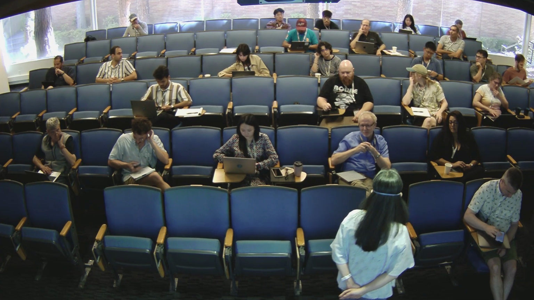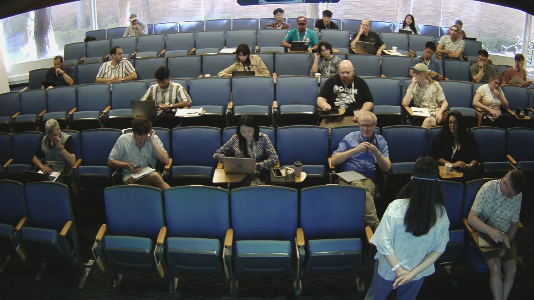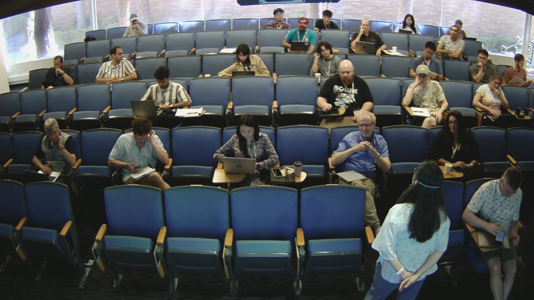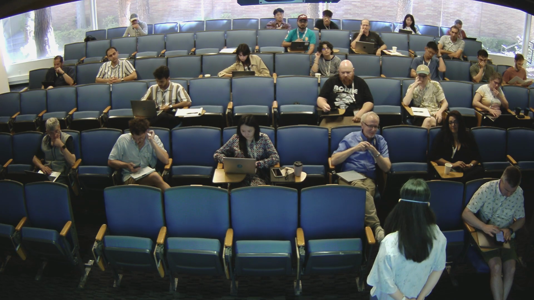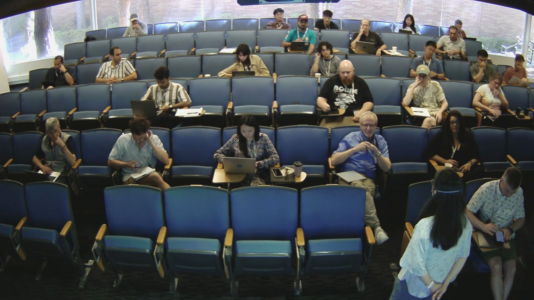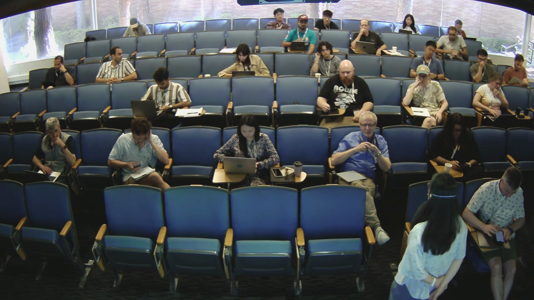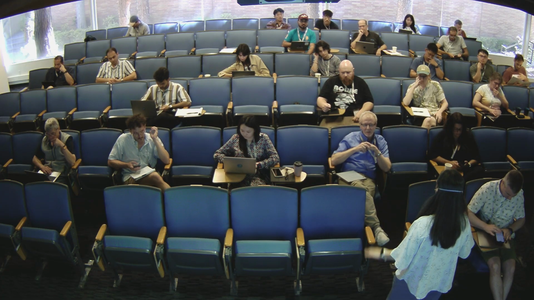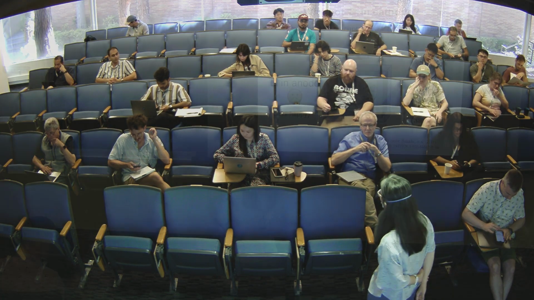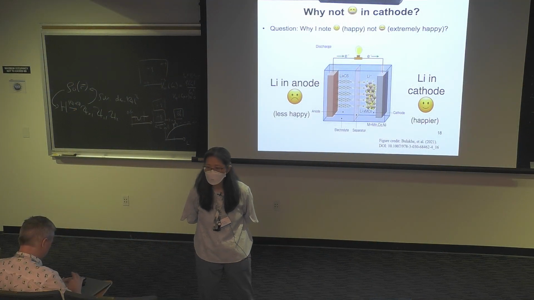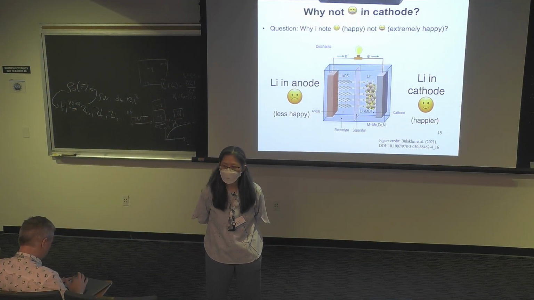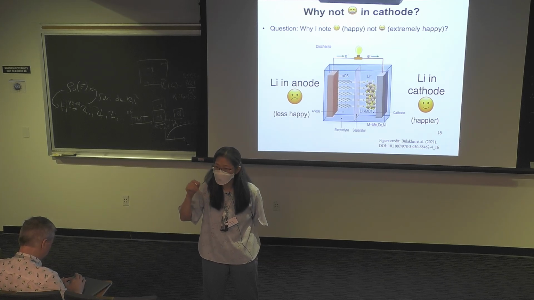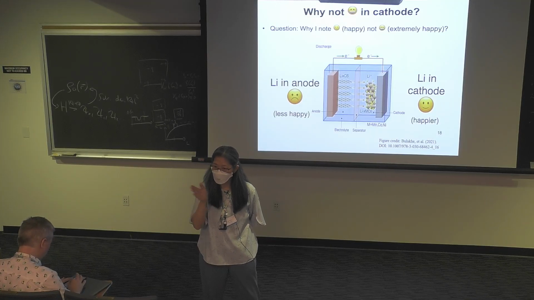Is the separator a mature technology, or is that still something people are working on? Electrolyte, people still develop the electrolytes. There's actually a lot of work on the cathode and the electrode, so there's work in all areas. For the electrolyte especially, there are efforts in autonomous experiments, because there's a large composition space.